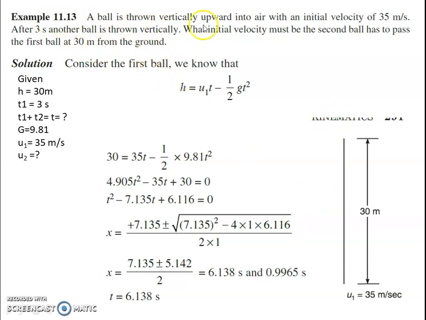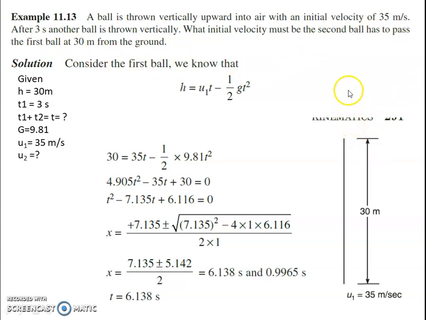The second ball is thrown 3 seconds after the first ball is thrown. They ask what velocity the second ball must have to pass the first ball when it crosses the 30 meter height.